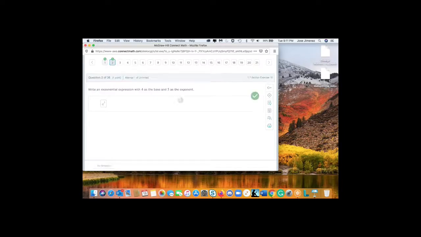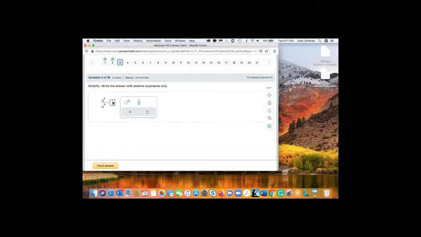Number 3. We have the same base, but in this case, the base is 8, but then we say 6 minus 9. So it's equal to 3, but it's minus 3.